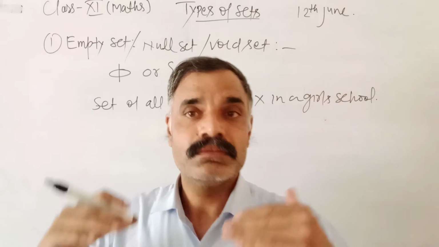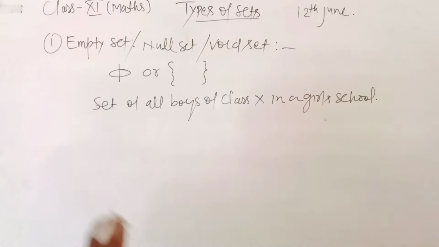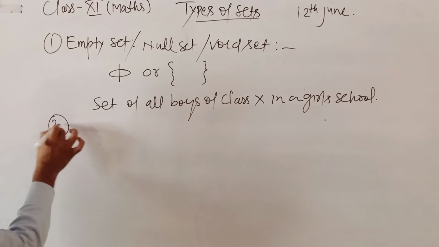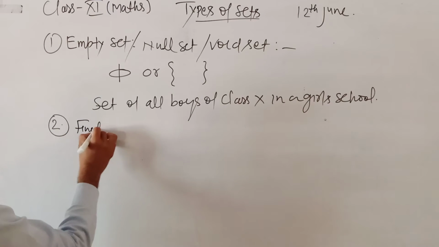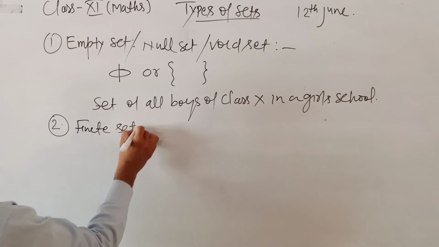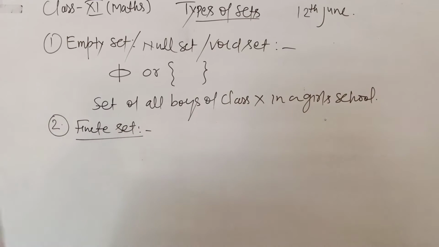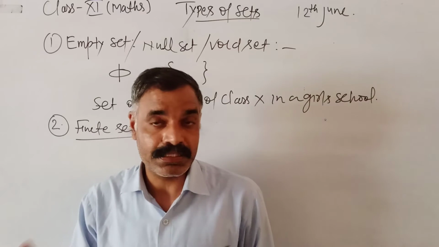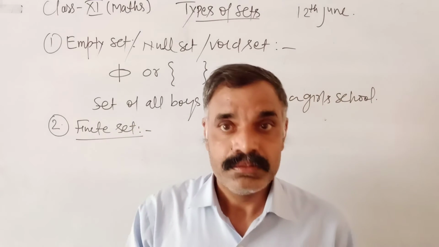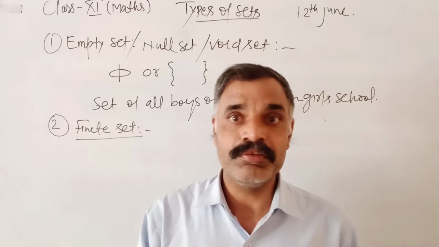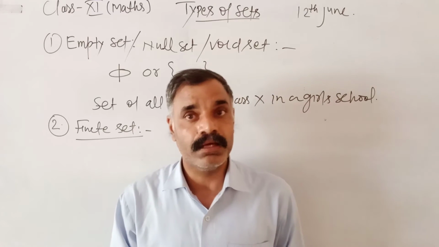Now the second type of set. This is the first type of set. The second set is the finite set. As the name is indicating, finite means a set having a countable number of elements.